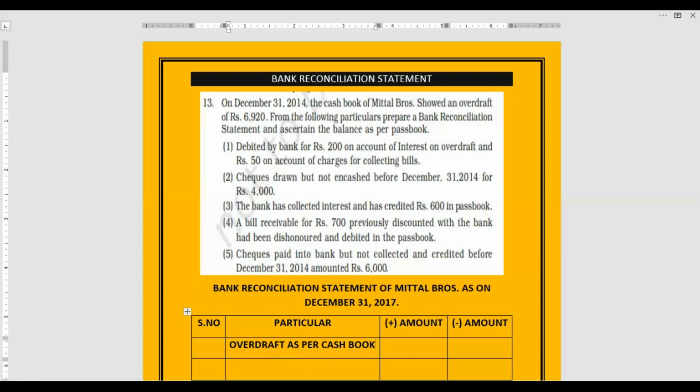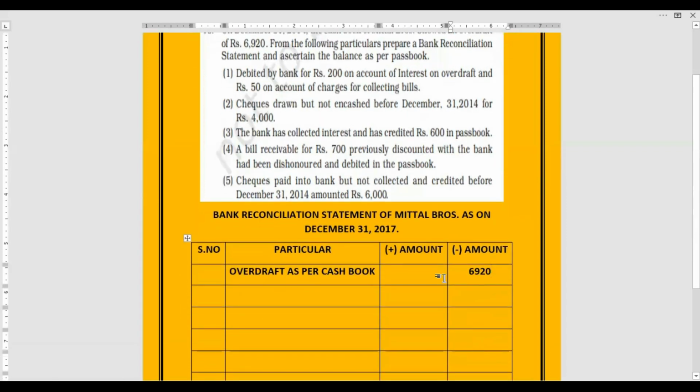If it is overdraft, it means there is an unfavorable balance. There is no money in this account. Instead of a balance, there is a loan, overdraft, short-term loan, 6,920. Therefore, we have to place it in the minus column.